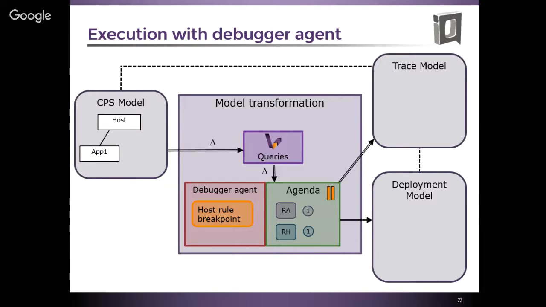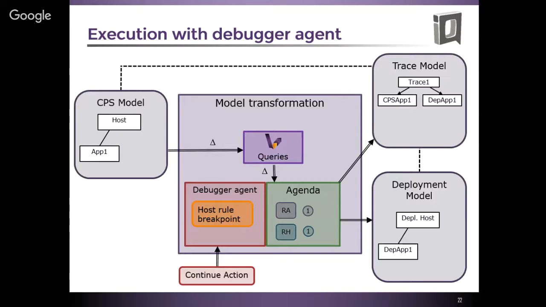And in this case, as the host activation is about to be fired, the debugger agent stops the execution of the model transformation and waits for the user to select what should happen next. If a continue action appears, the debugger agent allows the model transformation to continue, and accordingly the model transformation is executed similarly to the previous example.